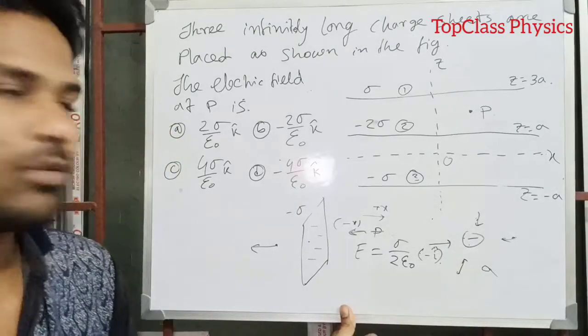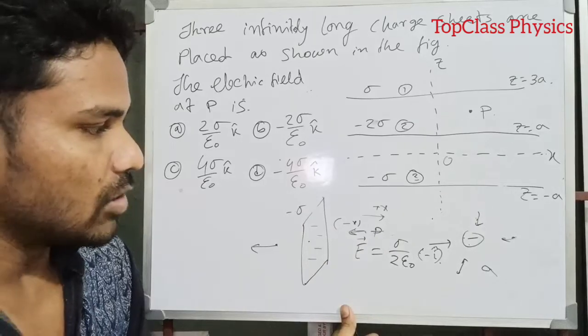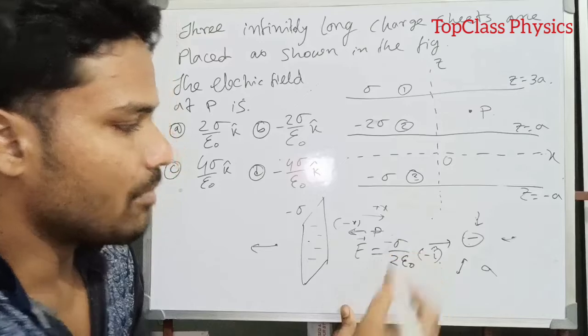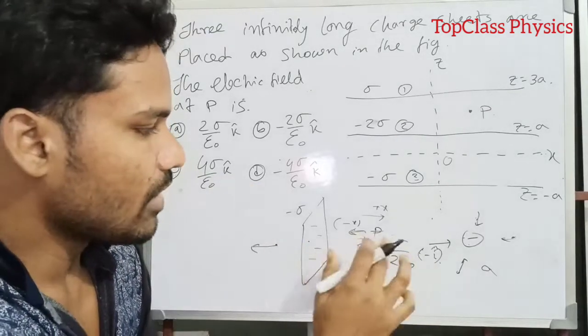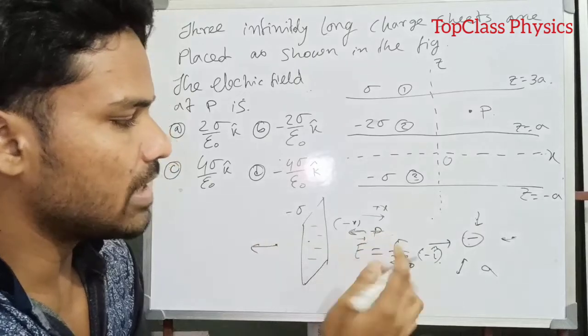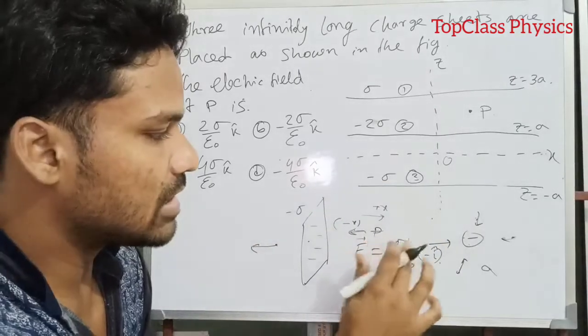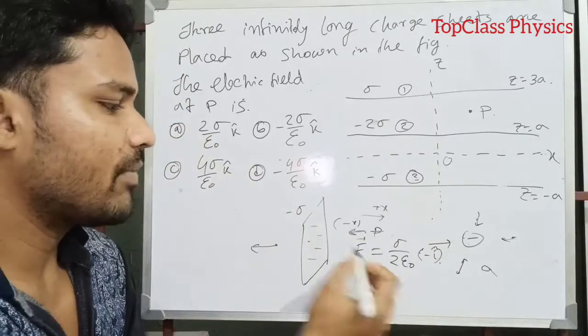This is our value as well as direction, this is a vector quantity, right? Many students get confused whether to put minus sigma for negative sigma. Don't worry, just think clearly: for negative sigma, just put the mod, the magnitude. Just take the mod value of sigma and put the direction of the electric field accordingly.